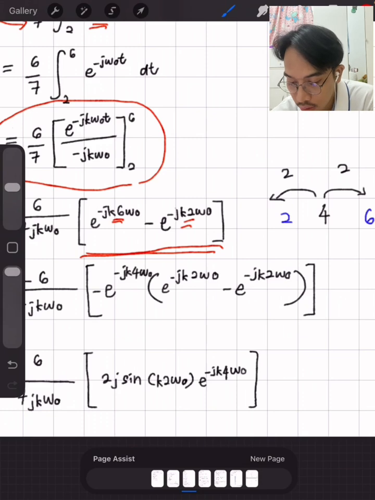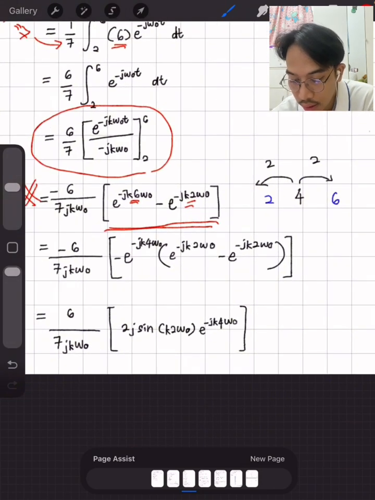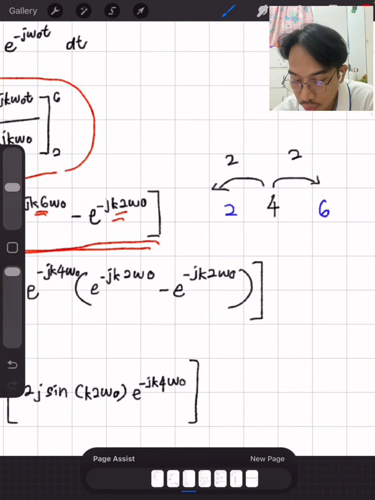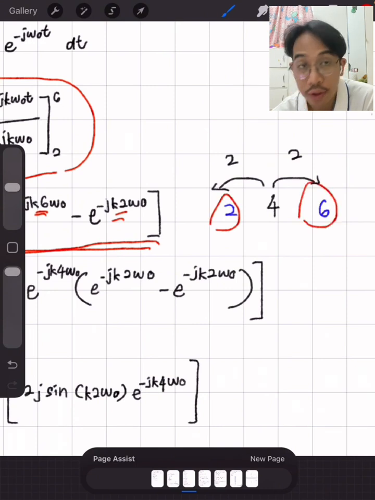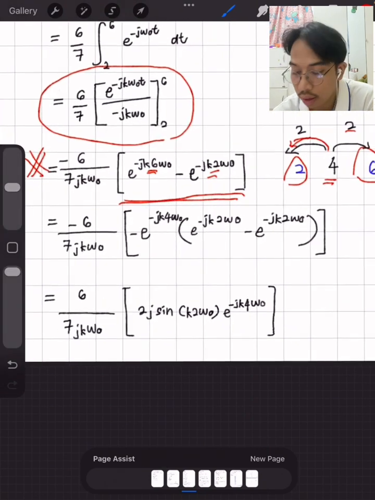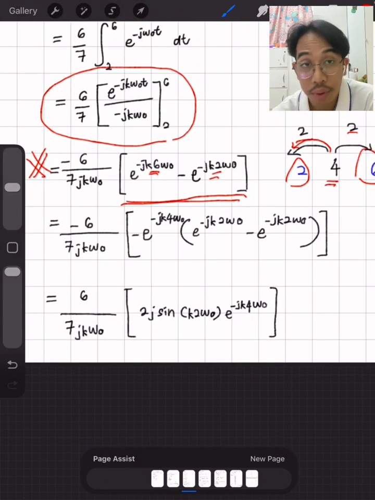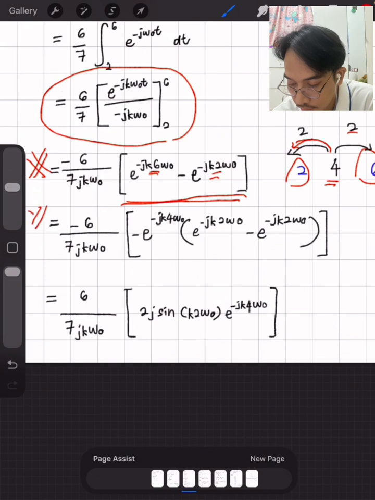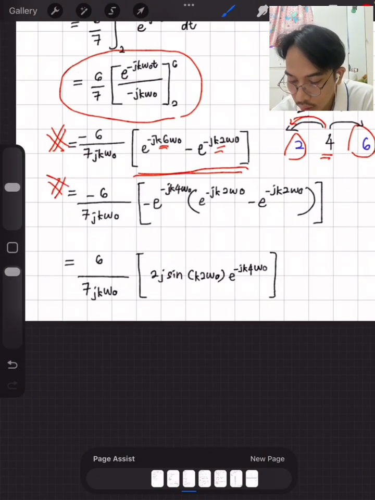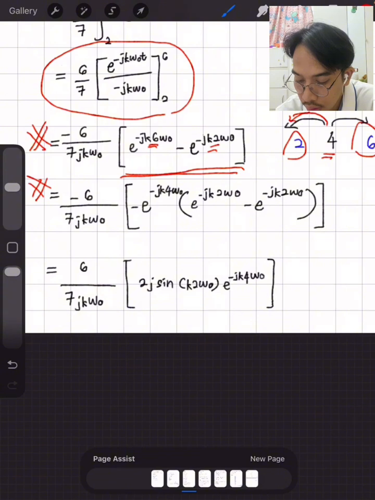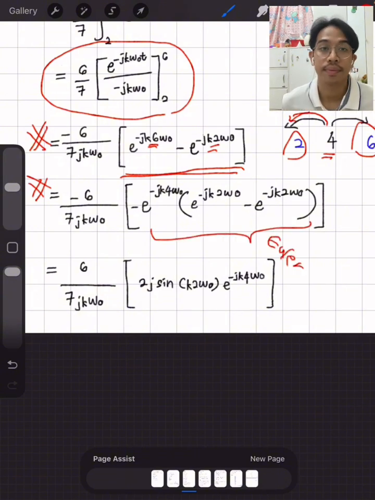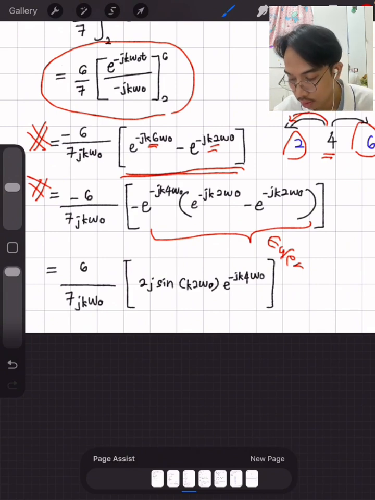Since we need to factorize, we can see that the middle of 2 to 6 is 4, right? Which is scaled by 2. So we can factorize the equation and it will become like this. Then from here we can apply Euler and we will get this equation.